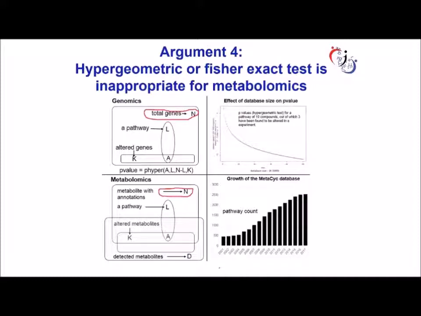We have also seen growth in pathway databases because of the continuous manual curation process. Here are shown the pathway maps included in the MetaSeq database over the last 15 or 16 years.